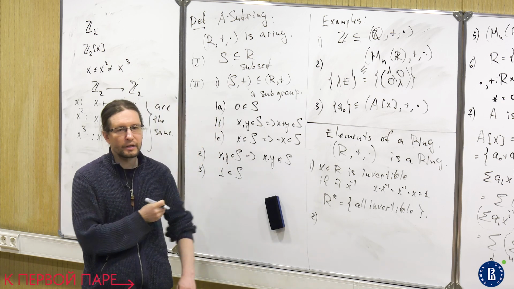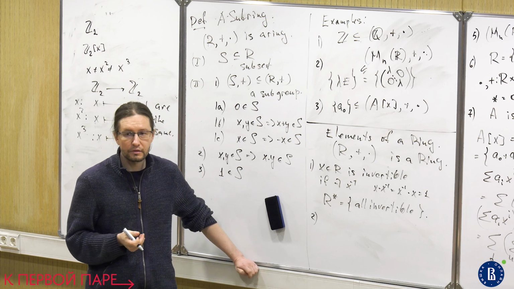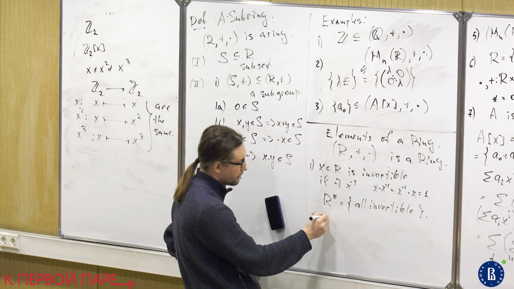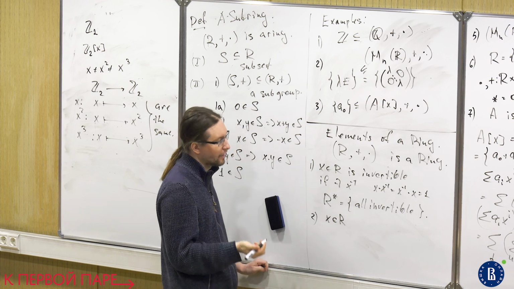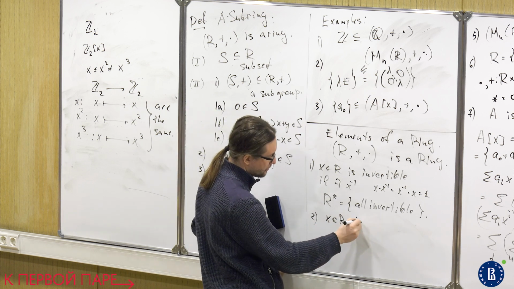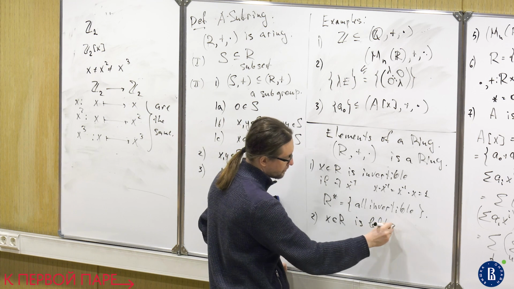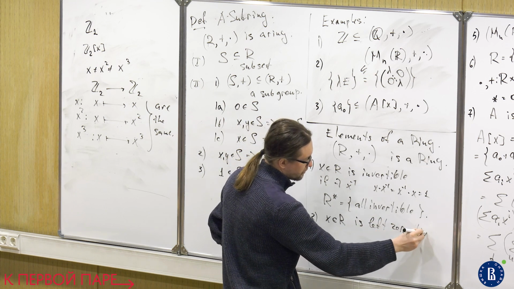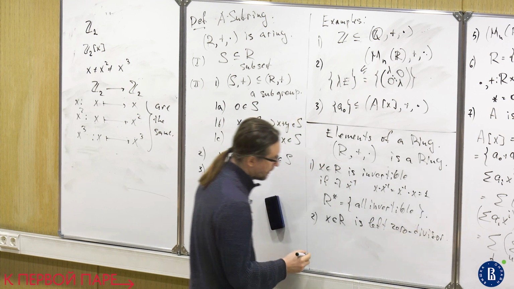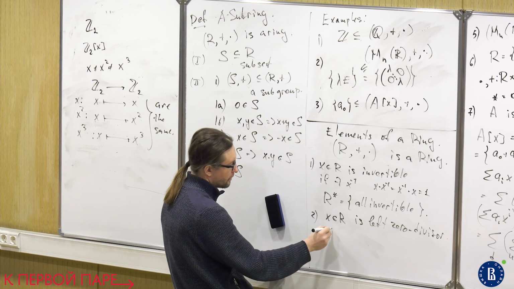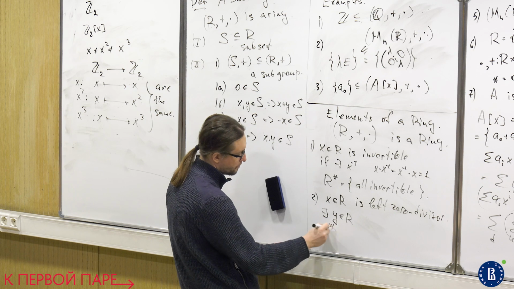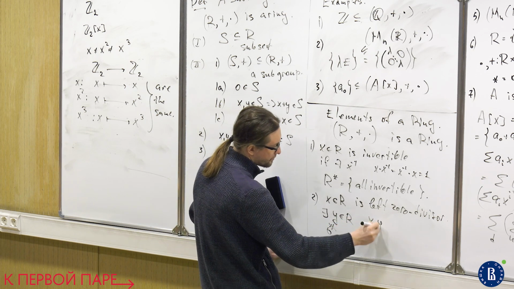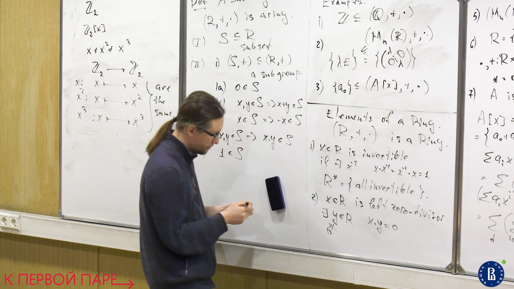Then, the second definition. We will say that an element x from R is a left zero divisor if there is a non-zero element y such that x times y equals 0.